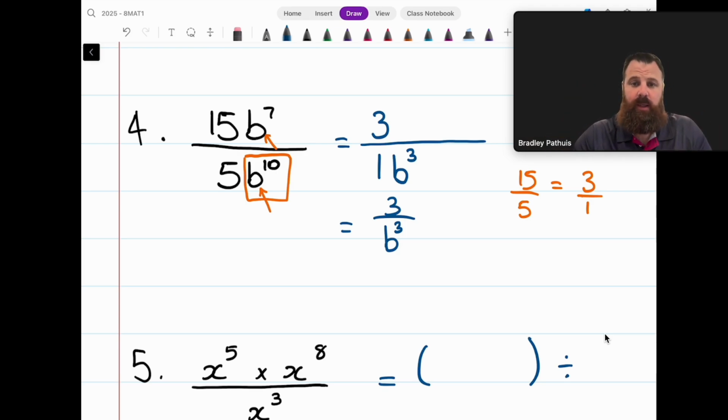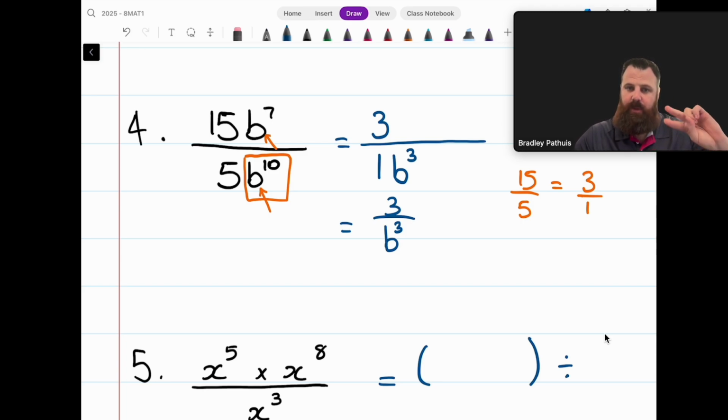Step 1, divide the numbers, 15 over 5. Do that on our calculator. If our calculator gives us a whole number as an answer, remember that the denominator is 1. That's where 3 over 1 came from. After we've done that, we look at the algebra, and b to the power of 10 and b to the power of 7 are the same bases. So we want to subtract the powers of numbers with the same base with division.